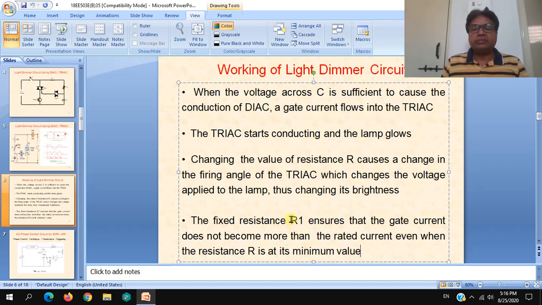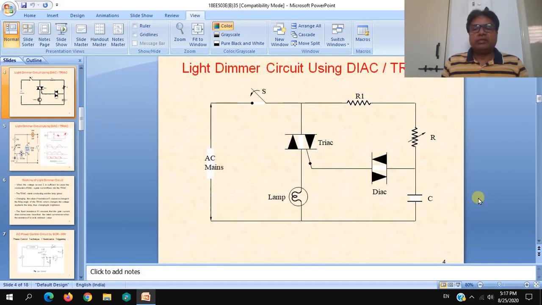At the same time, this should limit the current which may flow into the gate under normal conditions, that is when full voltage is applied or when the capacitor gets charged in lesser or minimum times.